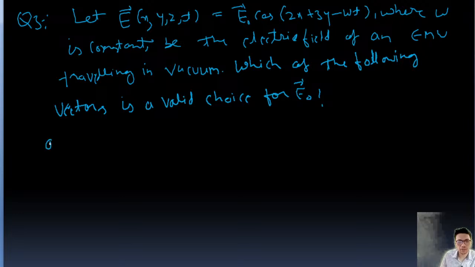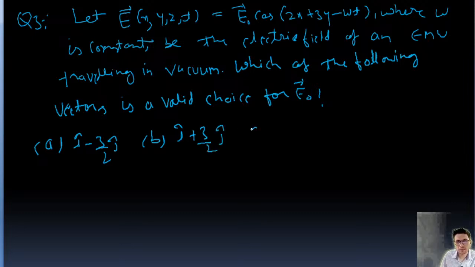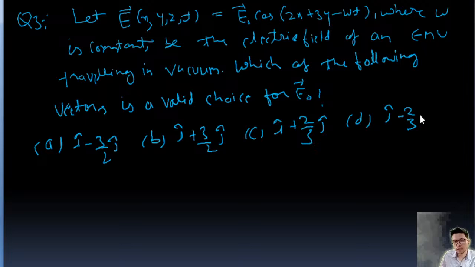Options are: A, I cap minus 3 by 2 J cap. Option B is I cap plus 3 by 2 J cap. Option C is I cap plus 2 by 3 J cap, and option D is I cap minus 2 by 3 J cap.